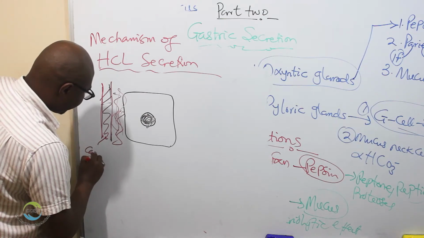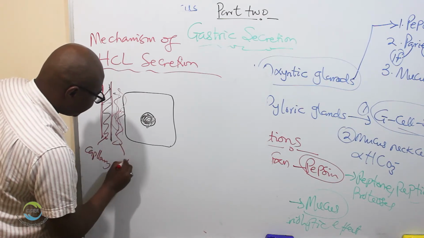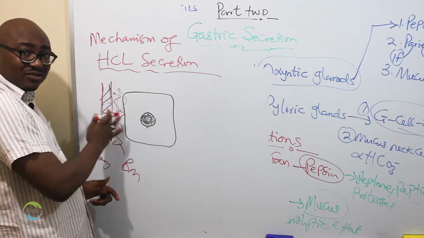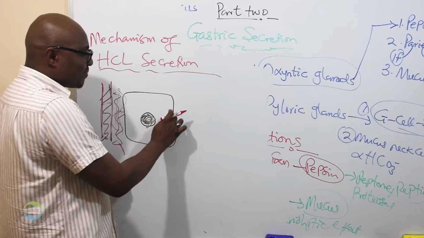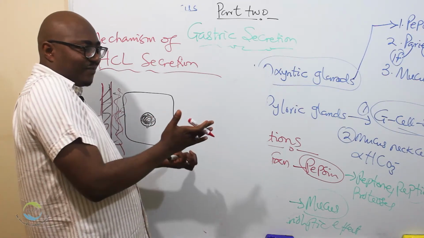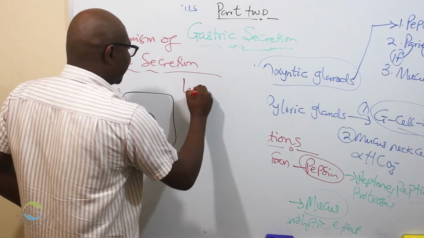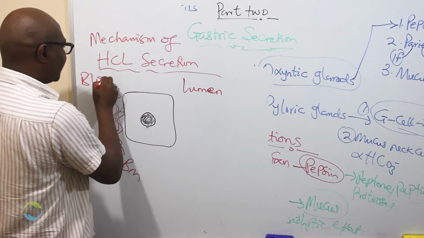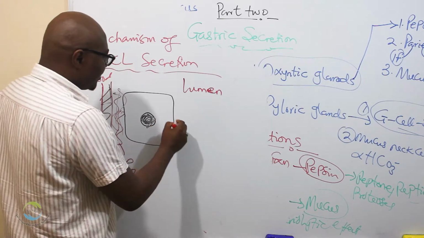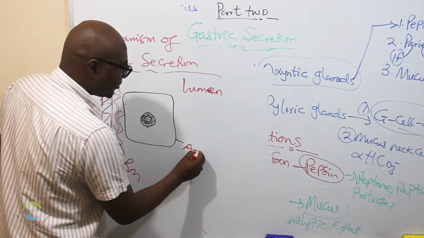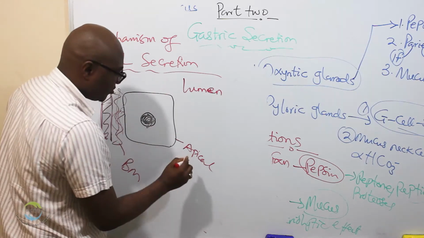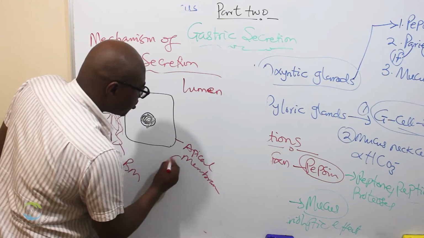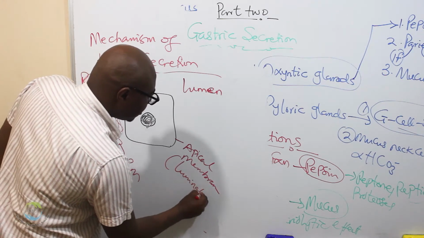So this part is known as the basolateral membrane. Then this part is the part that faces the lumen. So here is the lumen, and this side is the blood side. So this place is the apical membrane of the cell. It's also known as the luminal membrane.